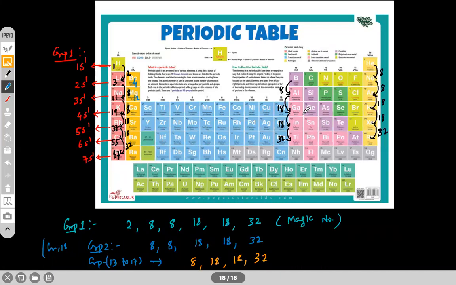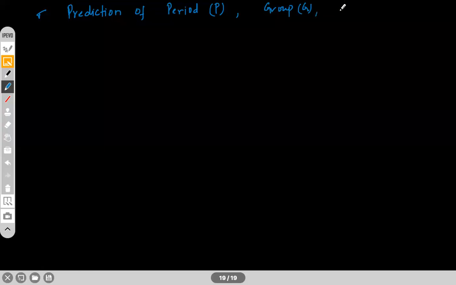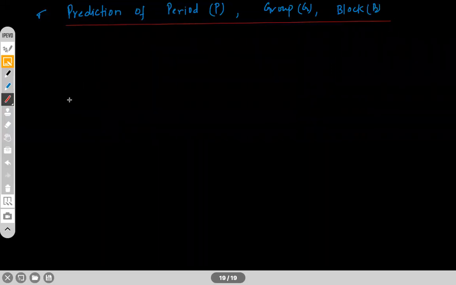Heading, write down: Prediction of period, then group, and then block. In which block the element is, in which period the element is, and in which group the element is.